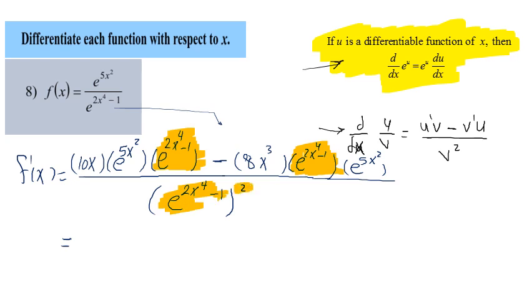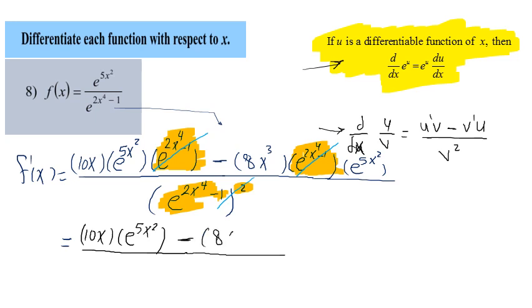So I'm going to cancel one bracket here and there from the denominator, so I can write it as 10x multiplied by e to the power of 5x to the power of 2, and cancel means that I'm going to divide each term by e to the power of 2x to the power of 4 minus 1, minus 8x to the power of 3 multiplied by e to the power of 5x squared divided by e to the power of 2x to the power of 4 minus 1, and this bracket is to the power of 1 right now.